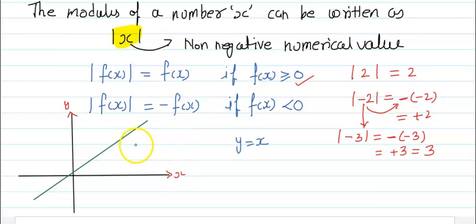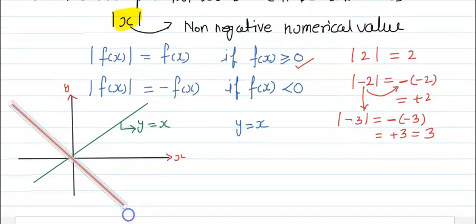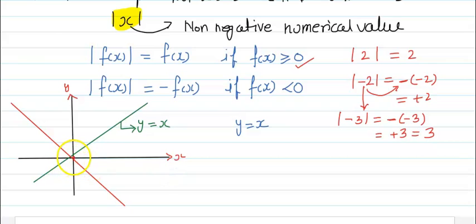So this is the line which gives y equal to x, and this red line will give you y equal to minus x, and this is the point where the line is passing through the origin. Origin means 0, 0. So this line is y equal to minus x.